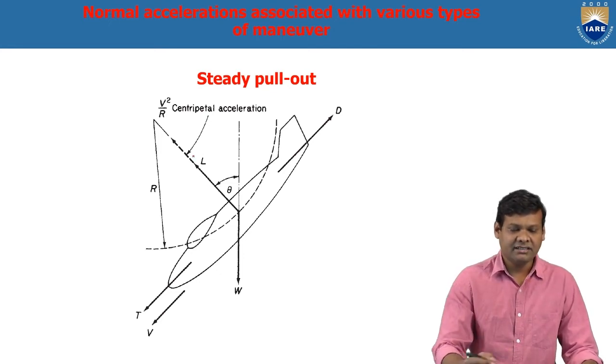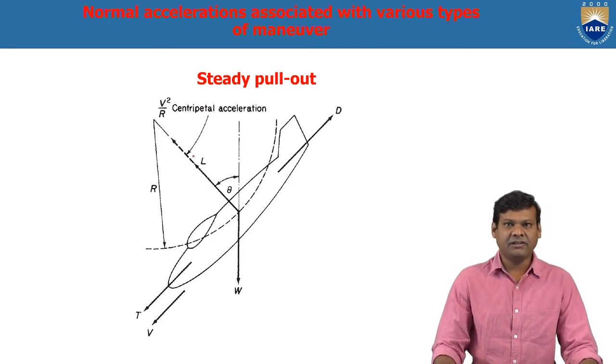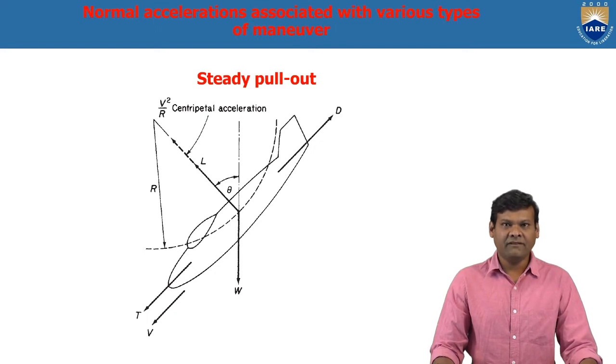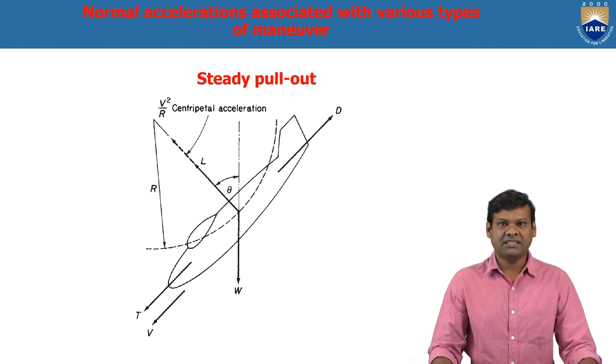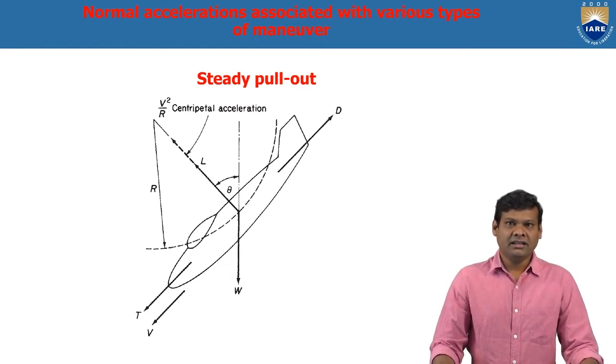The centripetal acceleration is given by V square by R, where V is the velocity of the flight and R is the radius of the pull-out. In this case, the centripetal acceleration is acting along the direction of the lift. That is, the centripetal force is opposite to the centripetal acceleration.